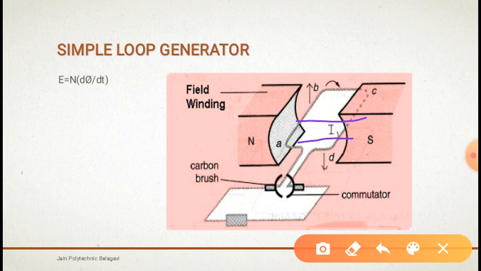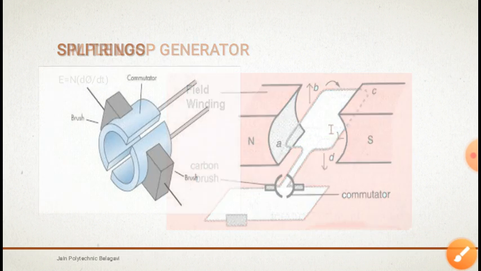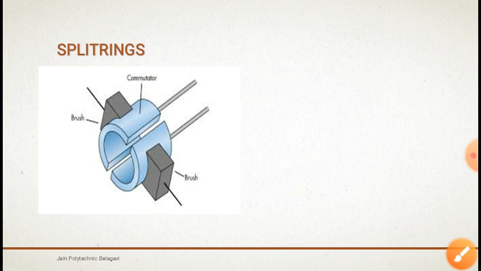To make the flow of current unidirectional in the external circuit, the slip rings are replaced by split rings. So, the split rings are shown here.